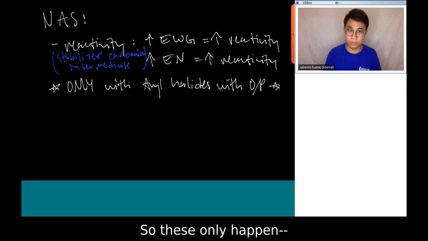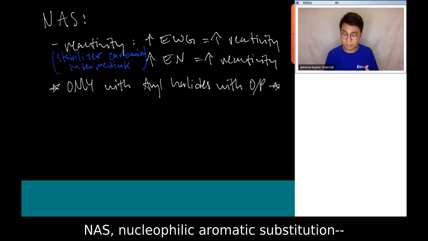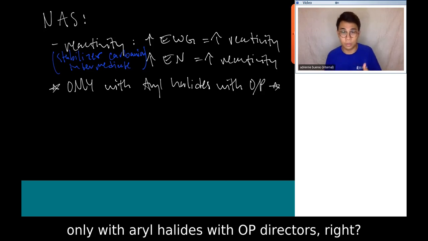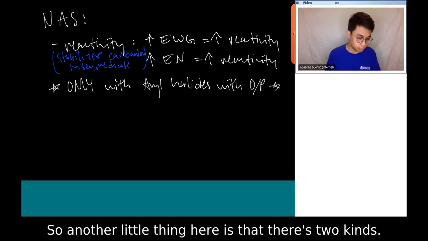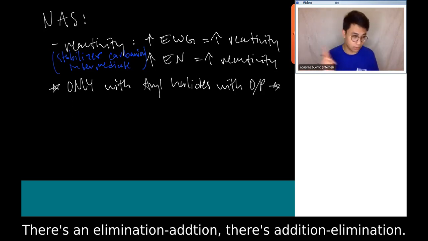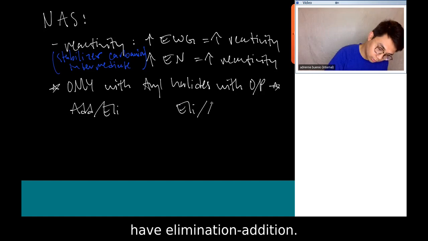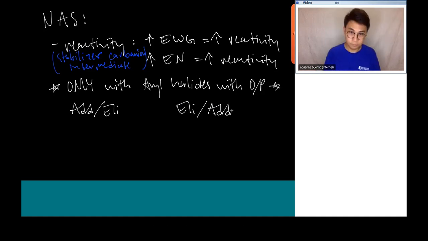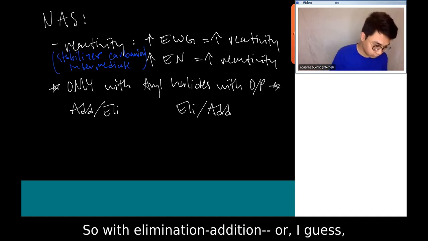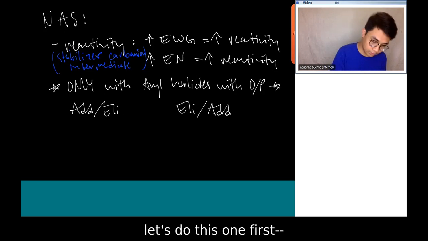So that these only happen, NAS, nucleophilic aromatic substitution, only with aryl halides with OP directors, right? So another little thing here is that there's two kinds. There's elimination addition, and there's addition elimination. So addition elimination first, and then we have elimination addition.